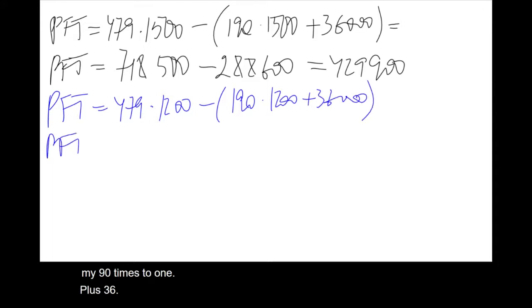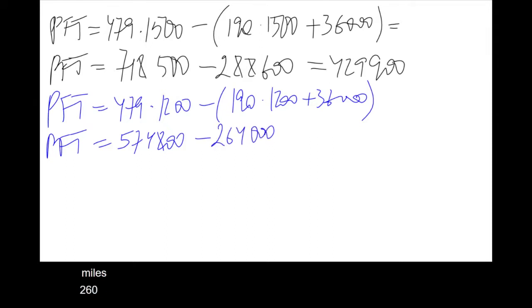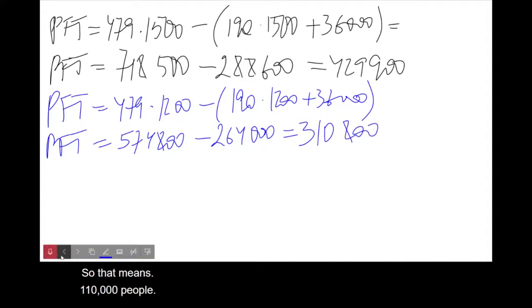So profit will be 479 times 1,200, 574,800, minus 264,000. And that is 310,800. Okay.